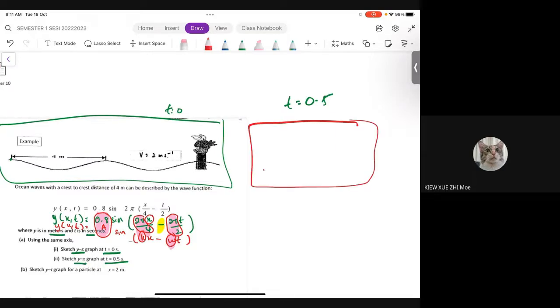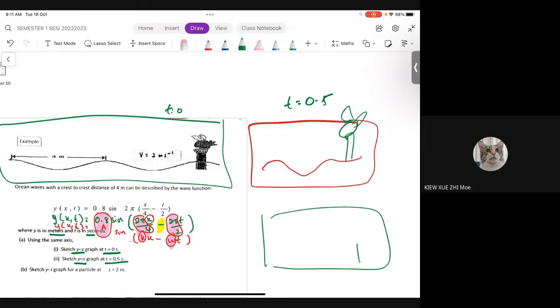Sama tak? Mungkin burung tu dah berada di atas sikit. Atau mungkin burung tu berada di bawah lagi. Kalau ikutkan tadi yang ini dia punya initial lah. Mungkin dia berada kat sini. Dia punya pelampung tu. Faham tak saya nak cakap ni?